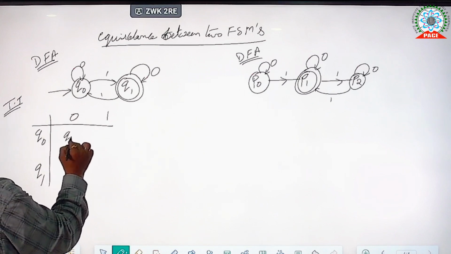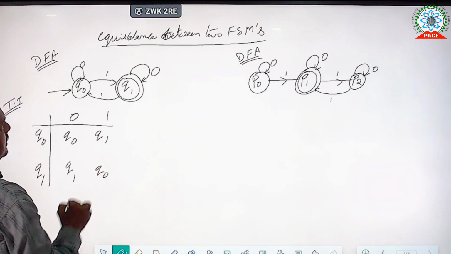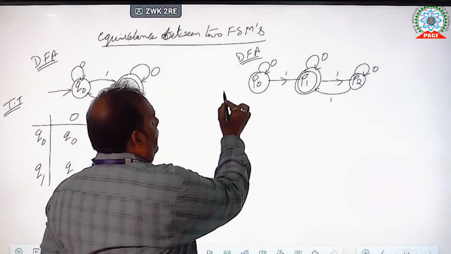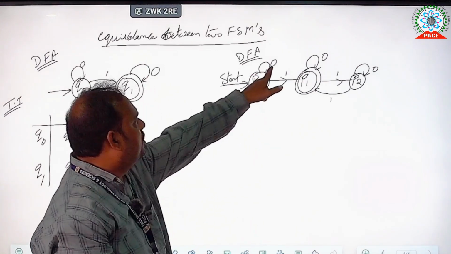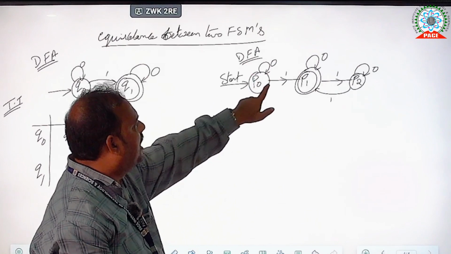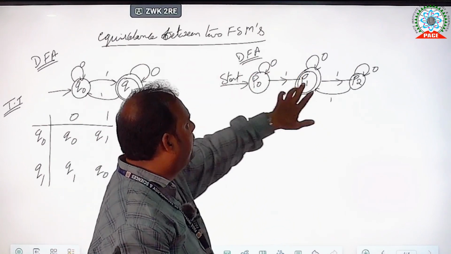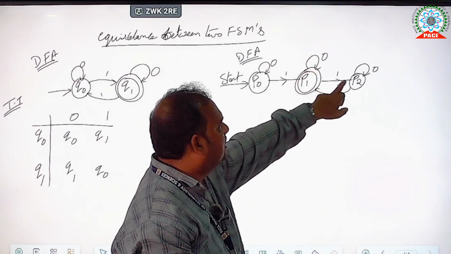Here is another machine, where P0 is the starting state, with the 0 transition as a self transition on P0, and the 1 transition to P1. So that is the final state. Here P1 has a self transition on 0, and on 1 it reaches P2. P2 also has 0 as a self transition, and on 1 P2 reaches P1.